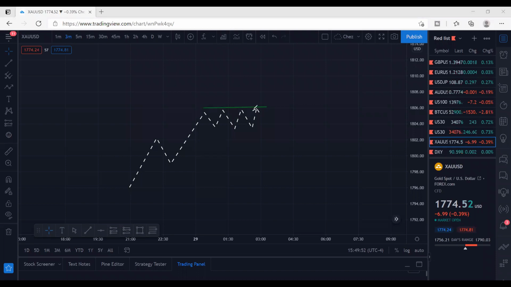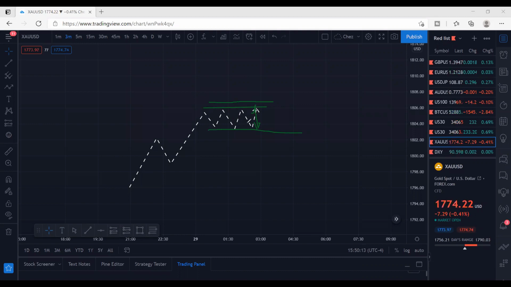So you'd have something like a sell limit, and price comes, they would have the stop loss right above here, and the entry right here, and the sell limits will be triggered right here, and they will be expecting price to come down and hit the bottom of this supply and demand zone right here.